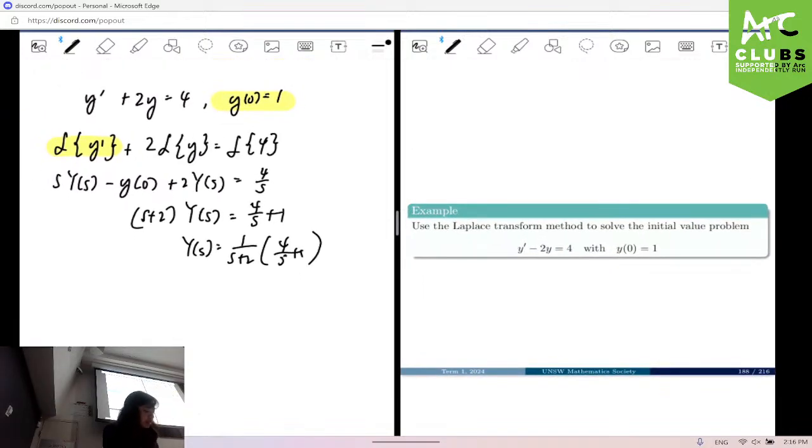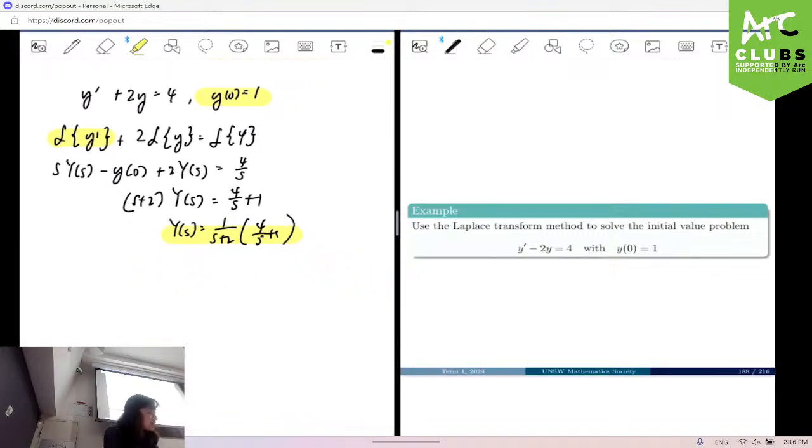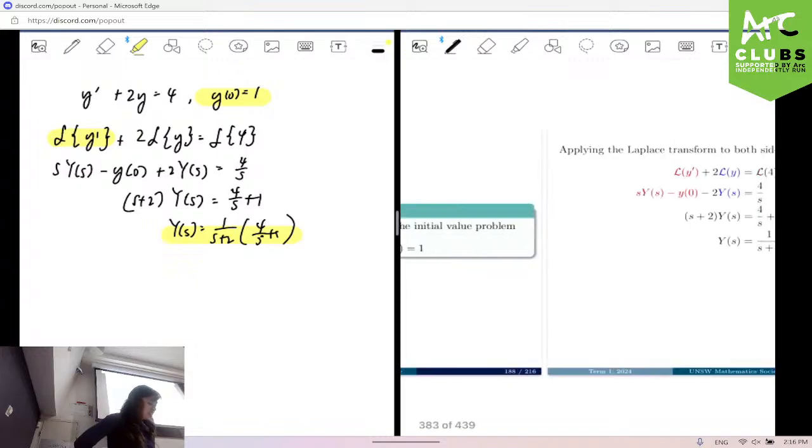So now we have the space function of y. All that means is that we have to invert these Laplace functions back into the time function, so into f(t), or in this case y(t), and eventually we will know what y(t) is.